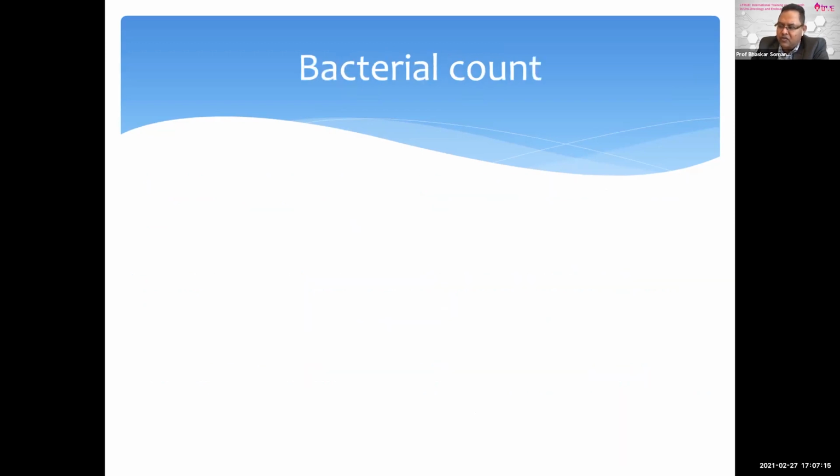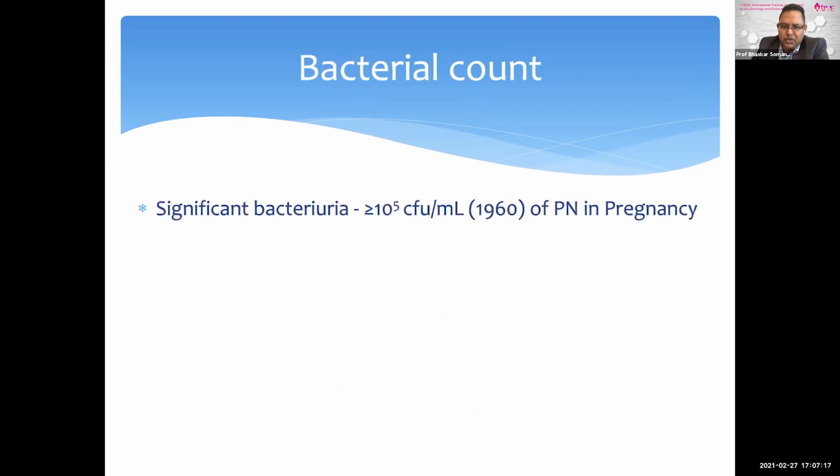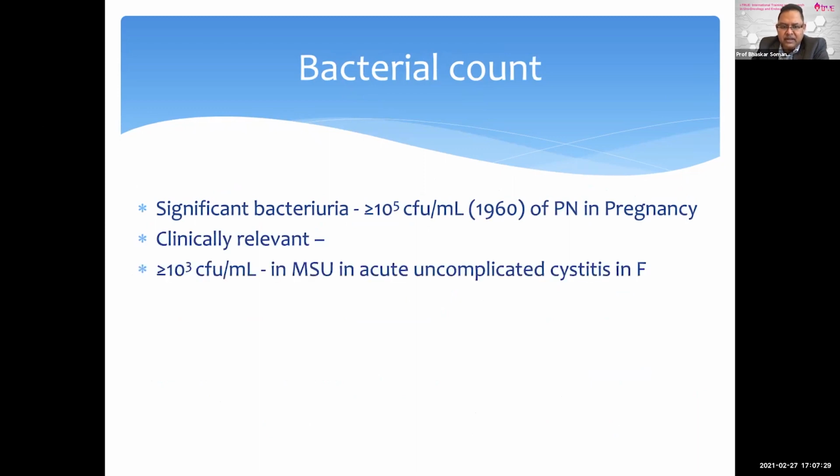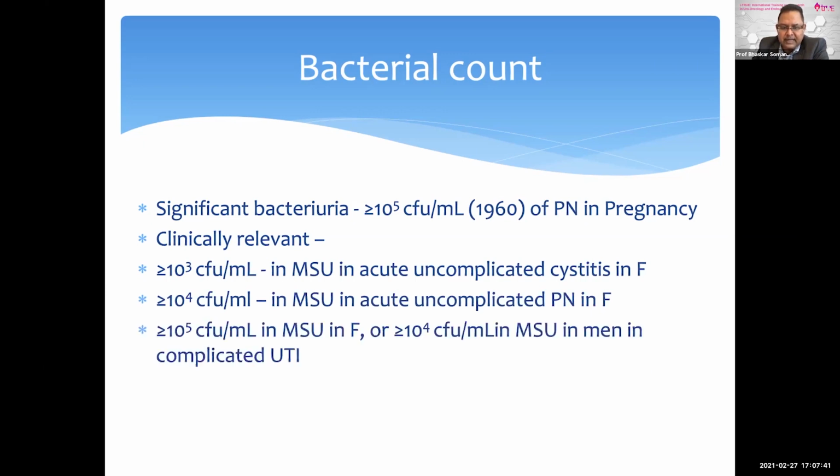The bacterial count, it's always interesting to see how the bacterial count works. The definition of significant bacteriuria comes from almost 60 or 80 years ago through pyelonephritis in pregnancy. But the clinically relevant bacteriuria is 1,000 colony-forming units per mil in uncomplicated cystitis in females, 10,000 colony-forming units per mil in uncomplicated pyelonephritis in females, and 100,000 or 1 lakh colony-forming units per mil in females, or 10,000 in males, in complicated UTI.